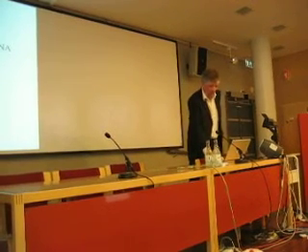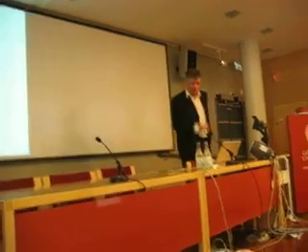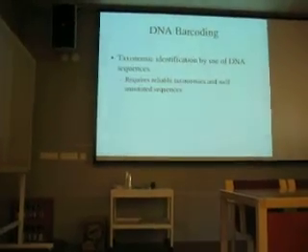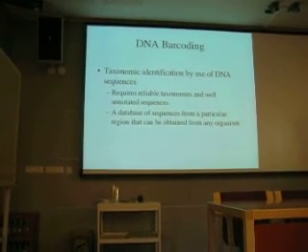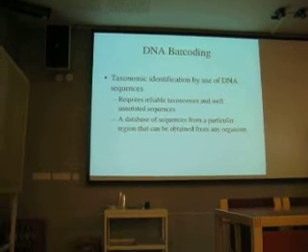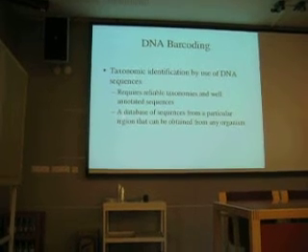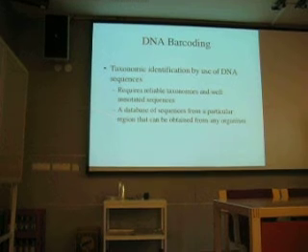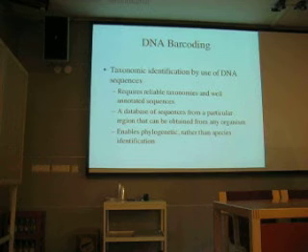So, the next thing I want to talk about here is DNA barcoding, which you can define as taxonomic identification by use of DNA sequences. And this is obviously something that requires reliable taxonomies and well annotated sequences. You need a database of sequences from a particular region that can be obtained from the organism that you want to identify.